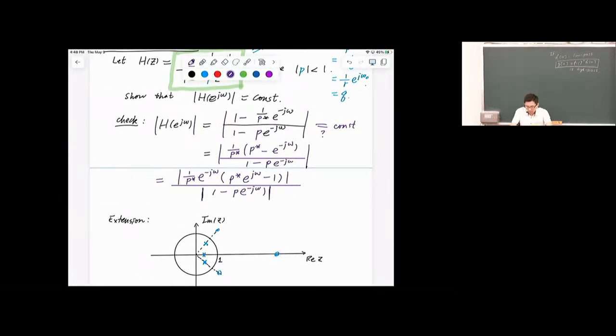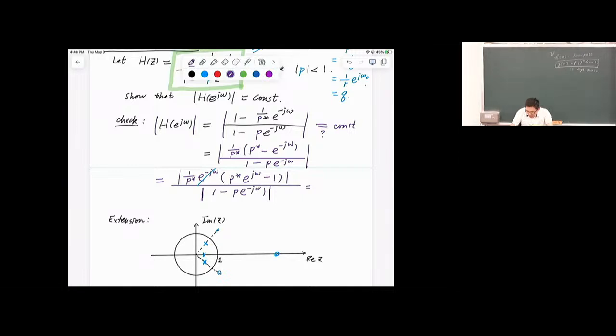So what do we have here? This term right here does not matter, because it does not contribute to the magnitude. It's simply e to the j omega, so we can ignore that and take a closer look here.